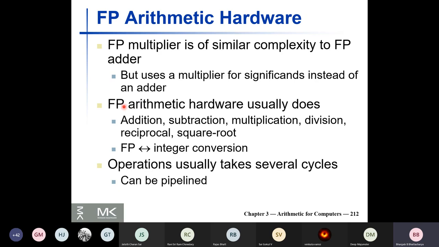Floating point arithmetic hardware usually does addition, subtraction, multiplication, and division also, but division we have not covered. A reciprocal can also be performed, and square root. Those we are unable to cover in this syllabus. There are also floating point to integer conversions that can be done. These operations usually take several cycles, so typically a pipeline architecture is used to reduce the cycle time.